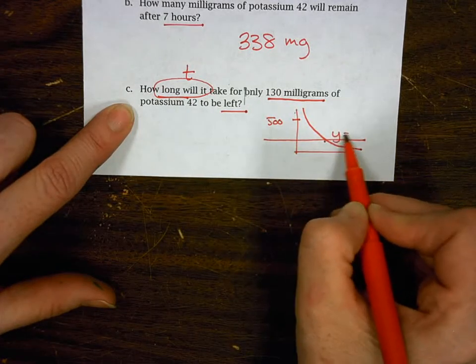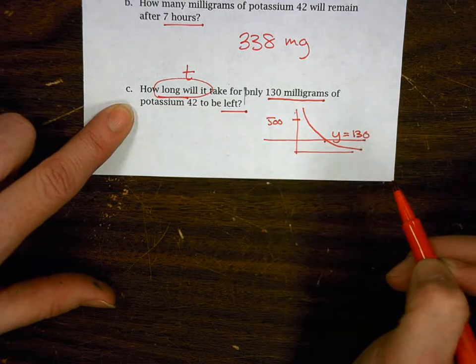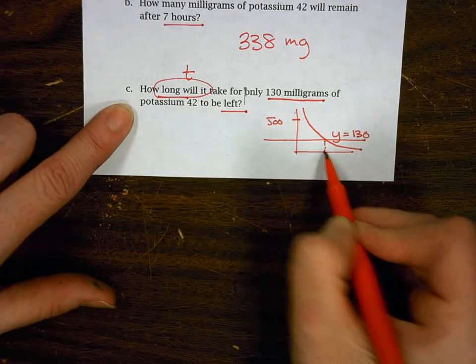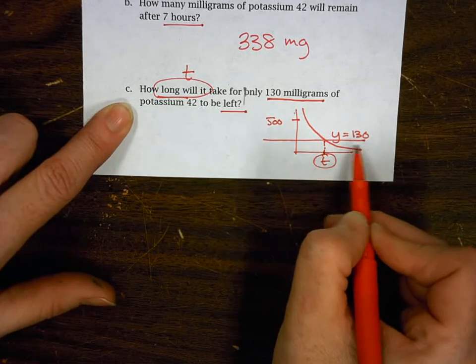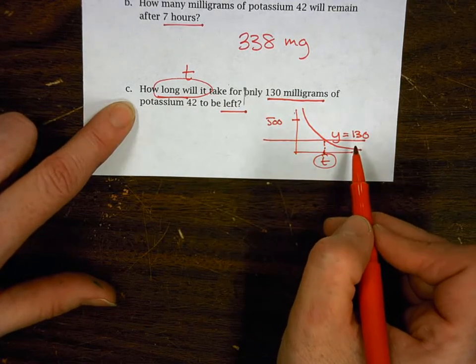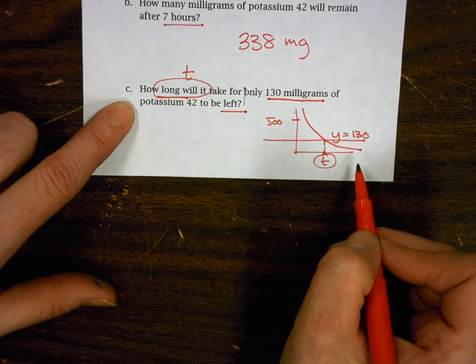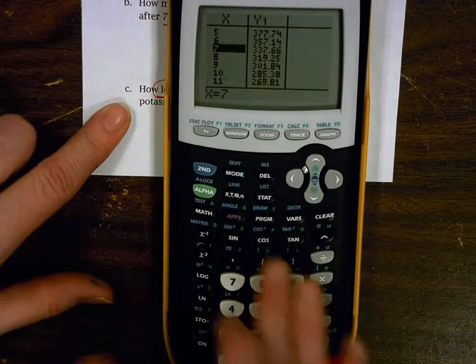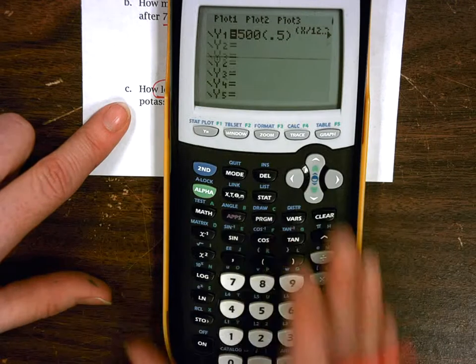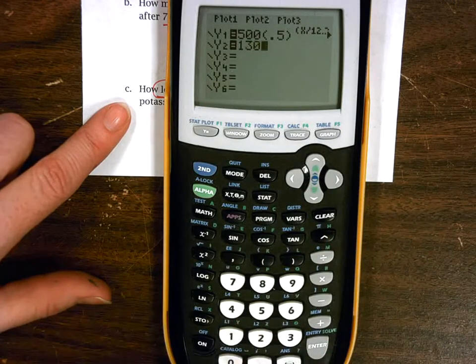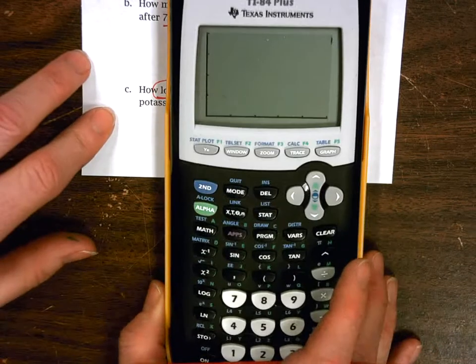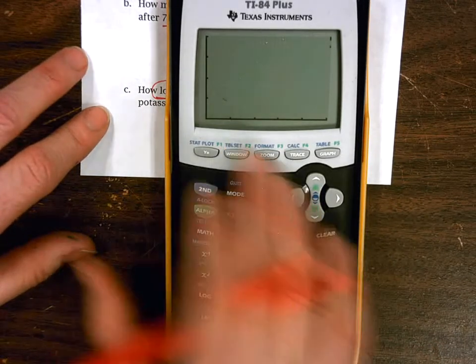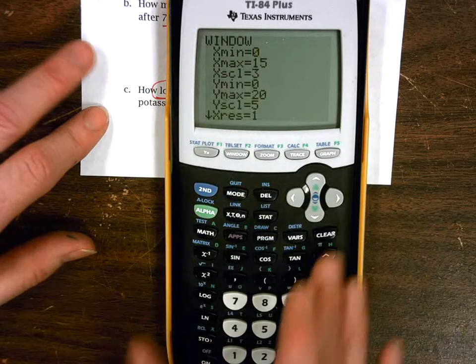I've got a decreasing function, and the question is how long, this is Y equals 130, how long does it take to be down to 130 milligrams? I know how to do that. 2 equations in the calculator. I already have one equation in, and I go down into Y2 and I hit Y equals 130. Then I graph that, and if I'm not seeing it, I change my table.